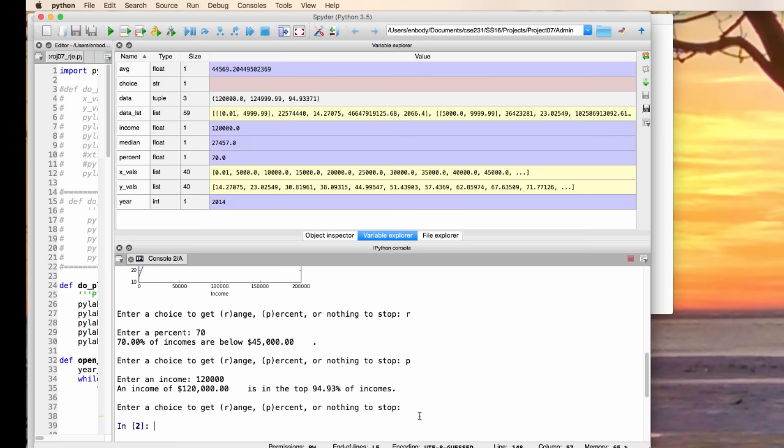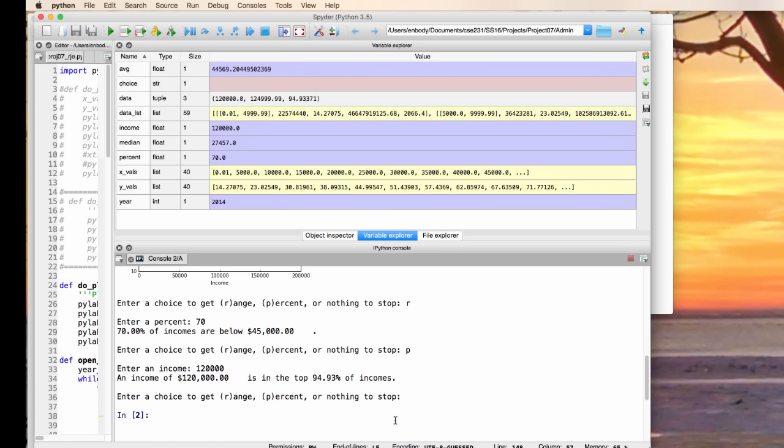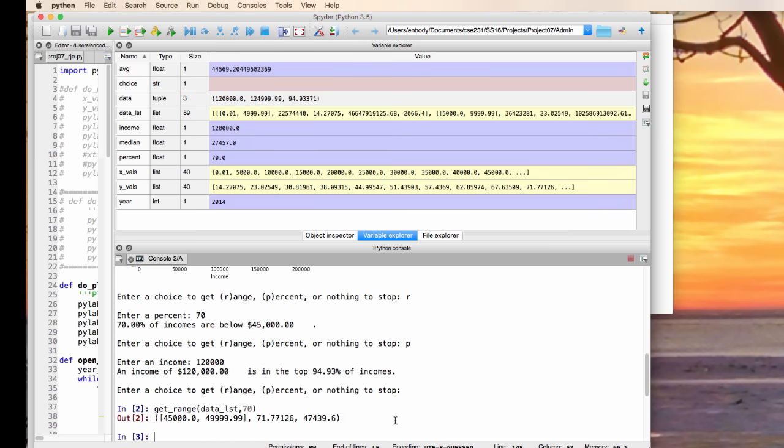If I put in some value, or if I put in no value, that's what I get. My data list, as I call it, so I can say, what is that first one really doing? Get a range of my data list and a percent. So when I gave it 70%, it came back with that value.